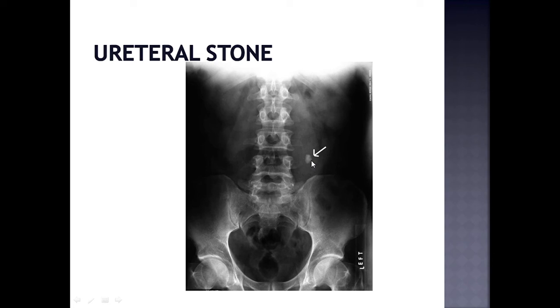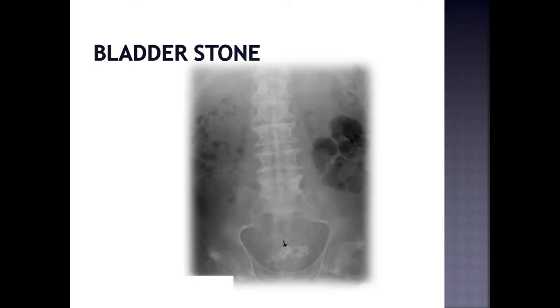We can confidently say that it is in the left ureter because this is along the course of the ureter. And these radiopaque multiple shadows that we see are actually stones in the urinary bladder.